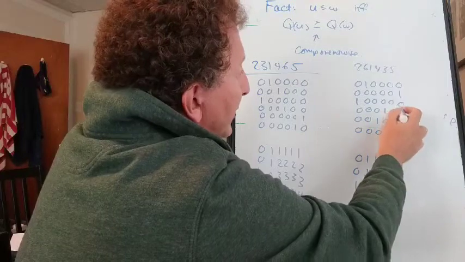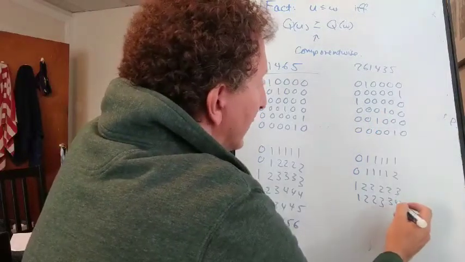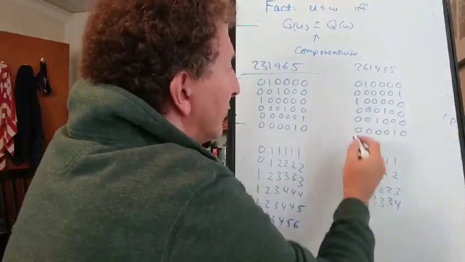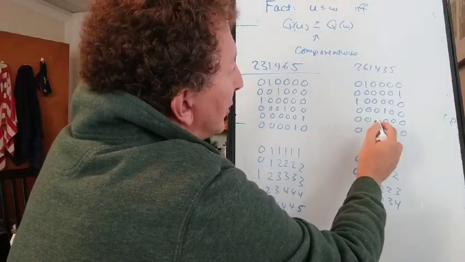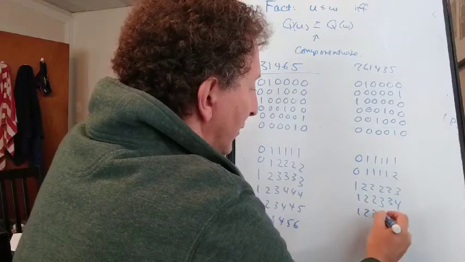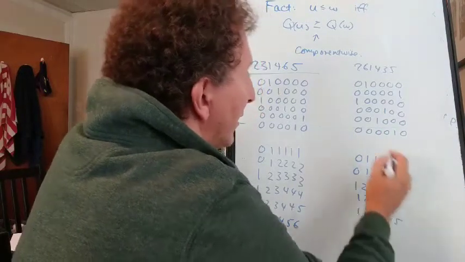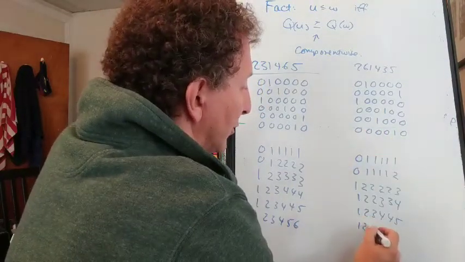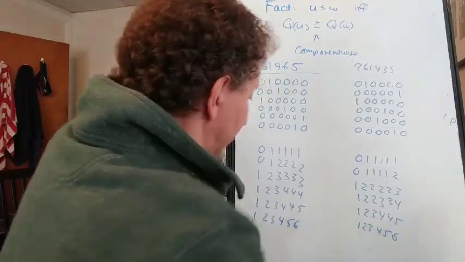And then 3, 4. In row 5 we've got 1, 2, 3, 4, 4, 5. And then in the last row, 1, 2, 3, 4, 5, 6.